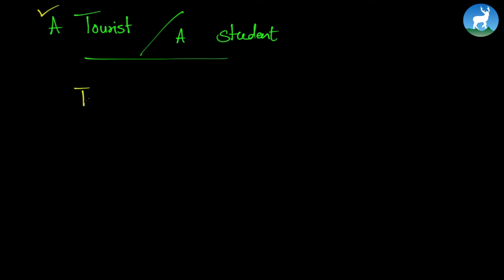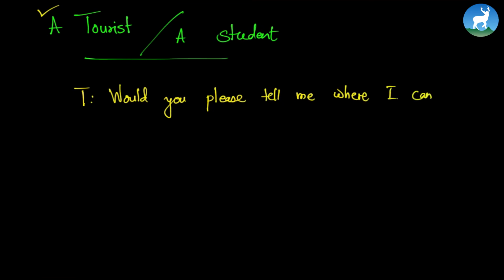The tourist would say something like, would you please tell me where I can stay here for a day? Or you can simply say, could you please tell me where I can stay for a day?